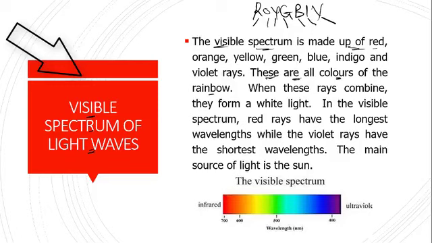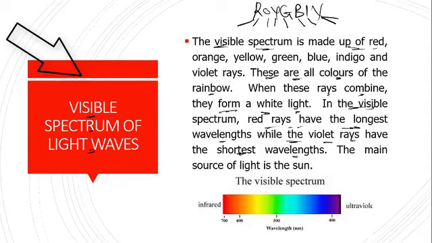When these rays combine with each other, they form what we call white light. In the visible spectrum, red rays have the longest wavelengths, while violet rays have the shortest wavelengths. You can see that they are at the extreme ends of the visible spectrum.